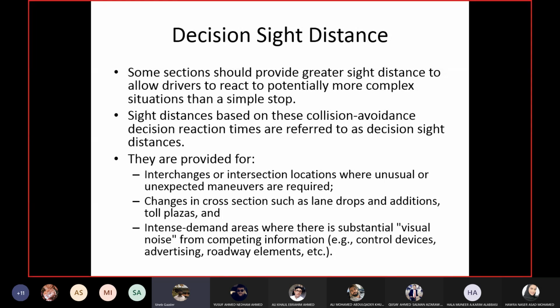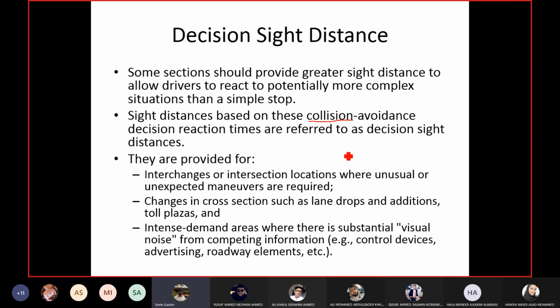But there are locations in which the driver may be faced with something unusual, something which may result in a collision or a crash or an accident. In those situations, we must provide drivers with more visibility so they have more chances of avoiding the collision.